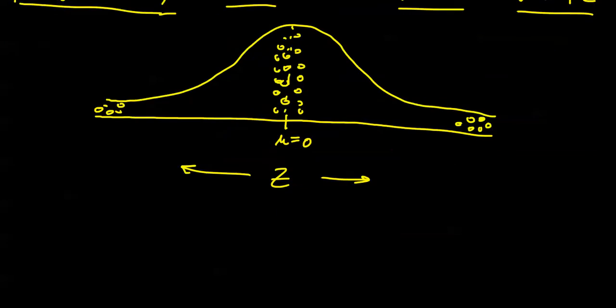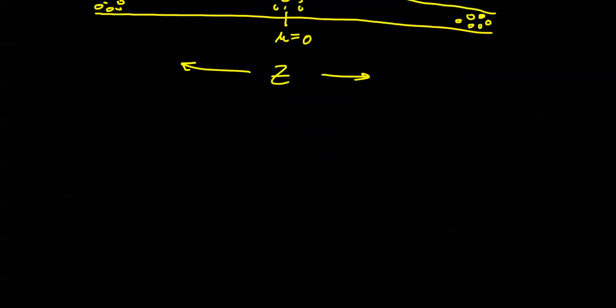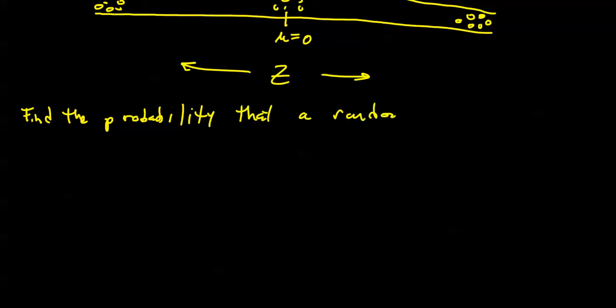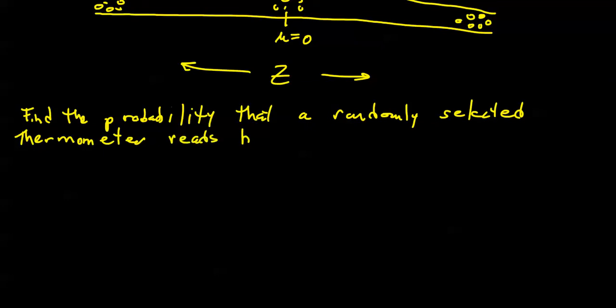Alright, given this information, I'll say find the probability that a randomly selected thermometer reads between 1 degree Celsius and 2 degrees Celsius.